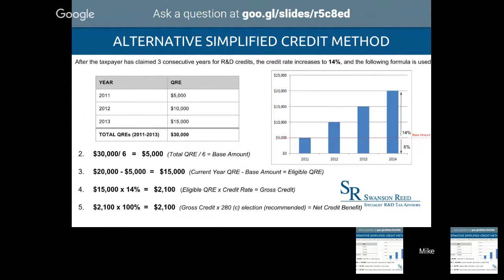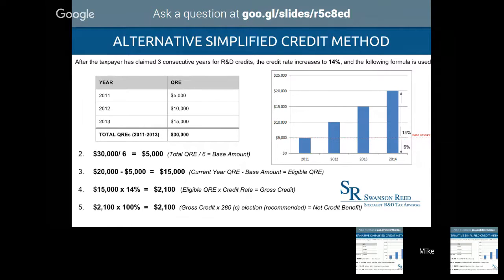Then in the current year, moving on to bullet 3, let's say your current year QRE are $20,000. From that 20,000, you subtract your base amount and you get 15,000 left over. Then take the 15,000, which is your current year QRE net of the base amount, multiply it times 14%, and you get $2,100 as your gross credit.